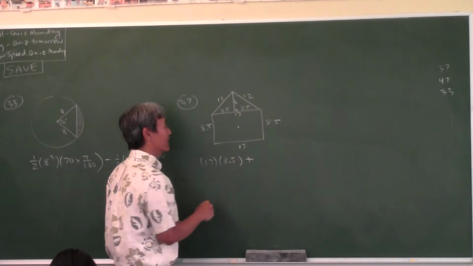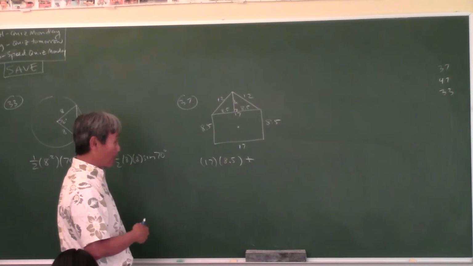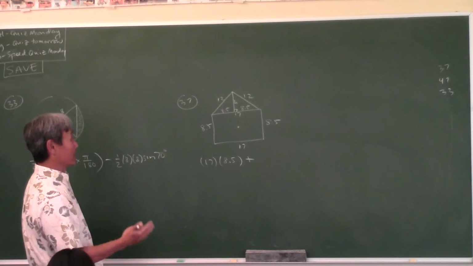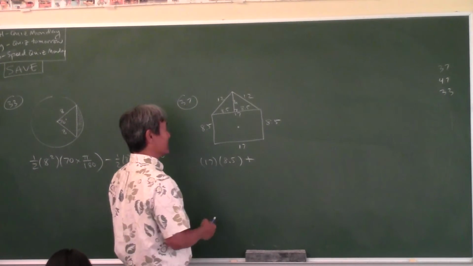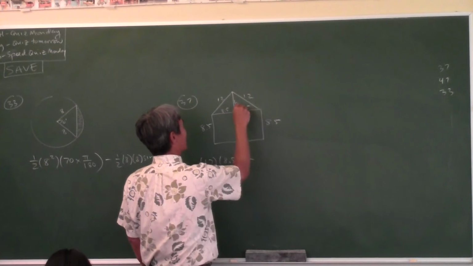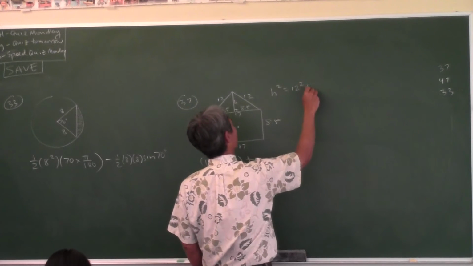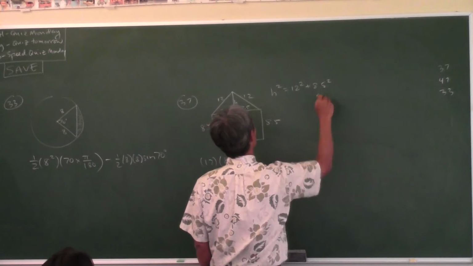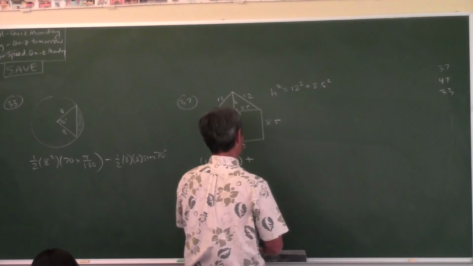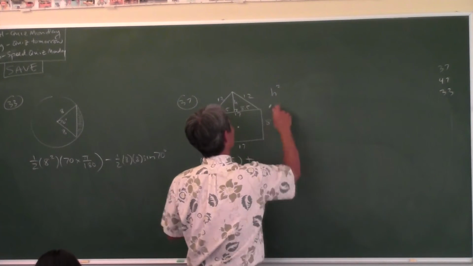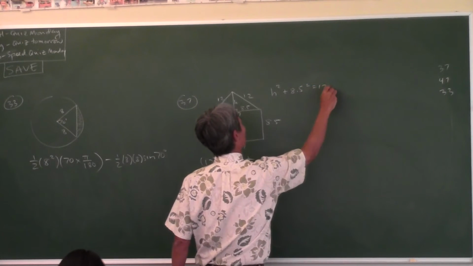So to find the height there, you can just use Pythagorean theorem. So you don't need to use Heron's formula. However, if you want to use Heron's formula, you can. It will work. But I think Pythagorean theorem is a little easier. So if you know this and this, how do you find that? H squared is equal to 12 squared. This problem is not as good as I thought it was going to be. Okay, so I did something wrong. Look, it's h squared plus 8.5 squared equals 12 squared.